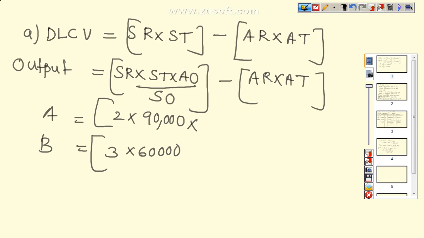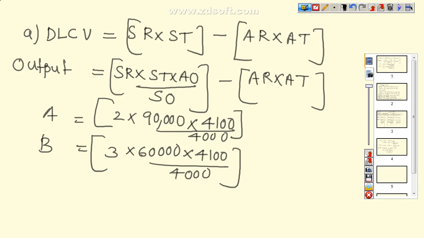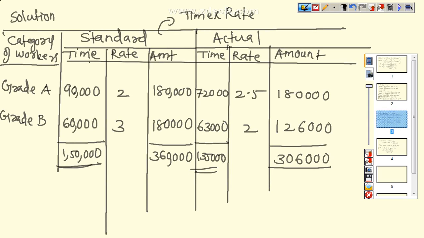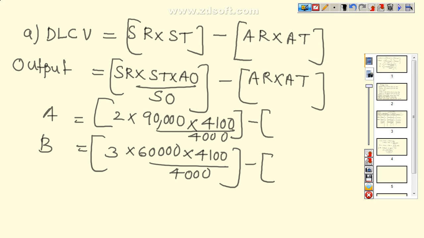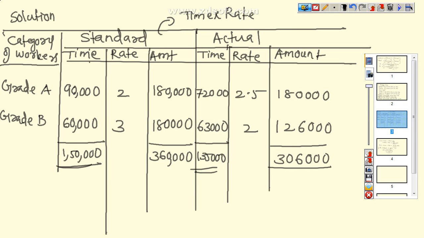So here we write 4,100 upon 4,000. Here also 4,100 upon 4,000 bracket close minus actual rate, and actual rate is given in the question, that is 2.5 and 2. So here we write 2.5, 2 multiplied by actual time. According to this question, actual time is 72 and 63.